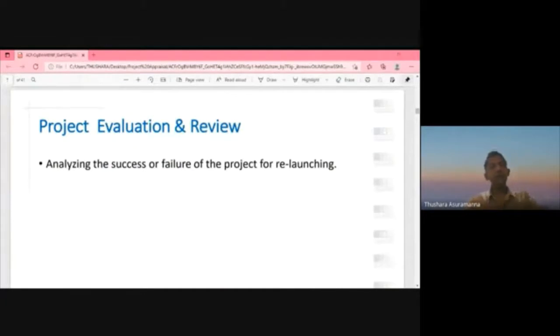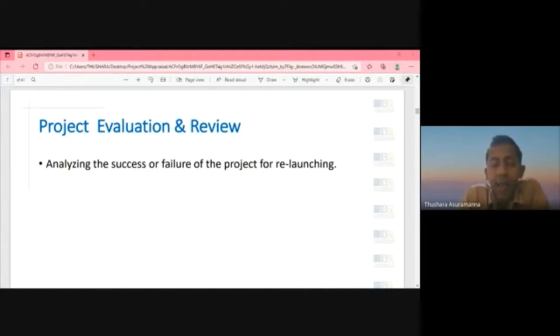Right, evaluation and review is something we undertake once a project cycle is complete. This stage is where you see what went wrong and what went right. What are the successes and failures, especially as an independent observer, independent undertaker, independent financer?